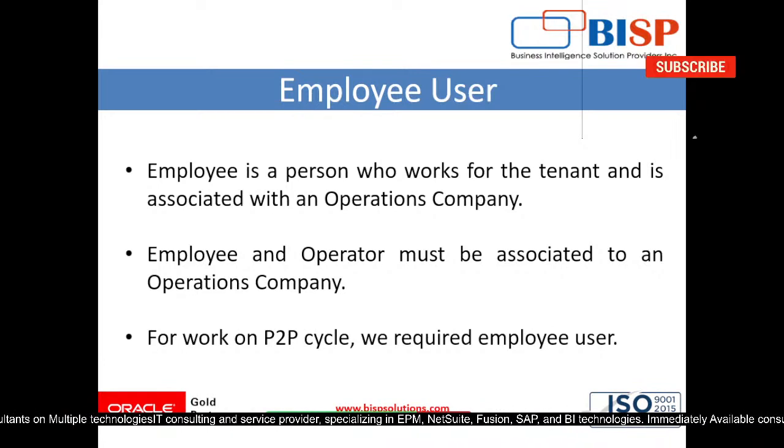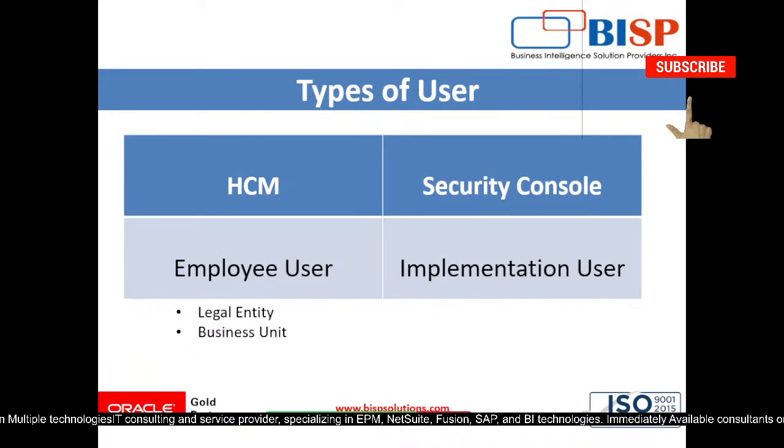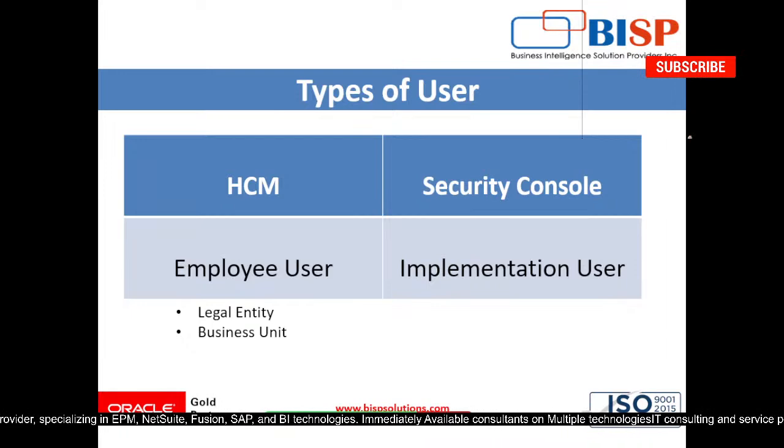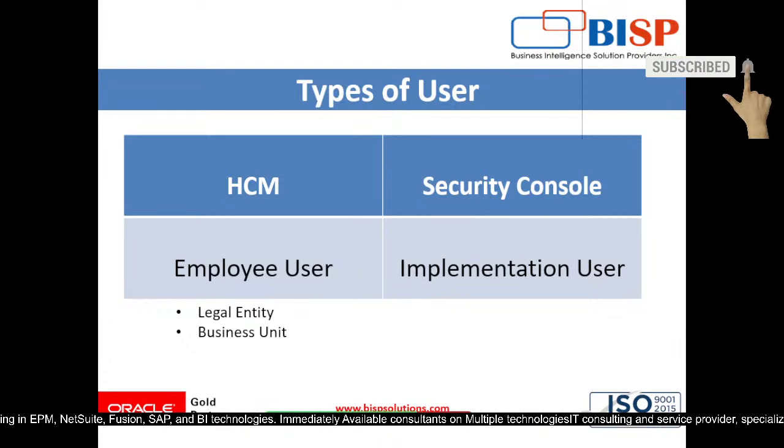So we have the types of user. In our earlier session we created our user from the security console. So when we talk about user, user is classified into two types. One is SCM and another one is security console, right?